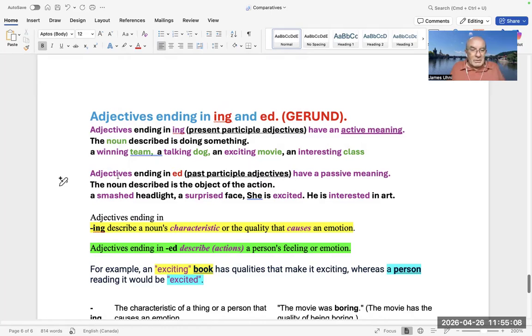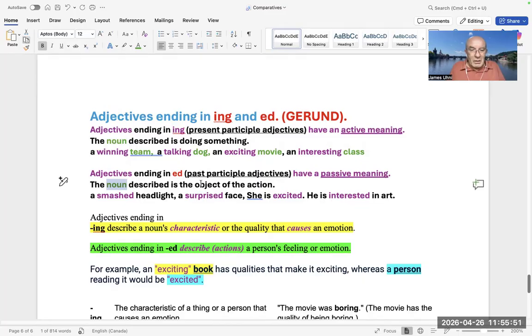So again, adjectives ending in ed have a passive meaning. Now, I am going to underline passive meaning. Now, what is passive and what is active? Look at this. The noun, which is in green, described, is the object. It's not doing anything.